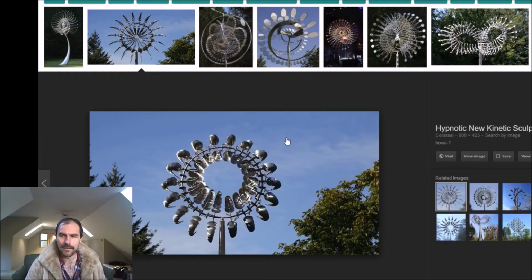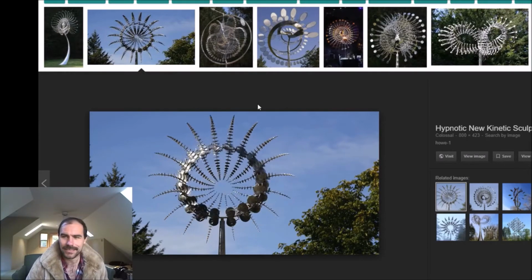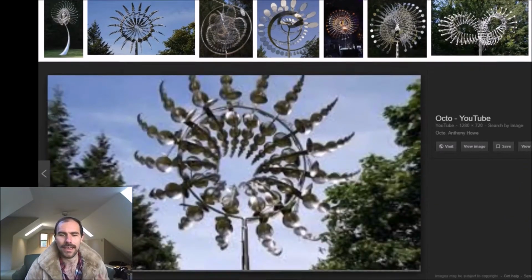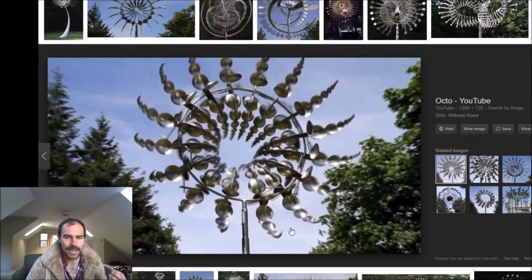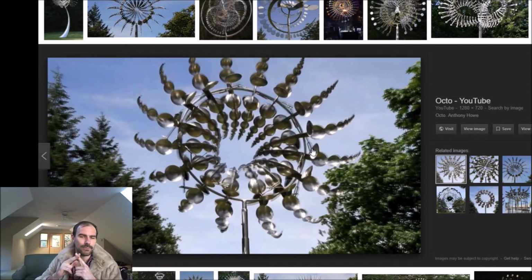And actually I found that there was a chronology to this. There's actually a progression that he made in his work. And so you look at this one, this is an older sculpture, I believe, where the pins and prongs and forks are straight.